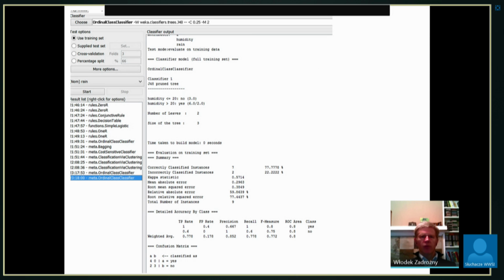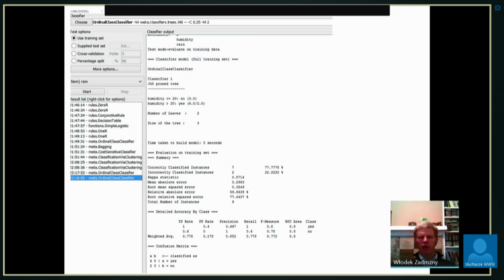So here is an example of using an ordinal classifier, which seems to work reasonably well on the problem of humidity implying rain. As you can see, I tried several classifiers. Some of them work equally well.